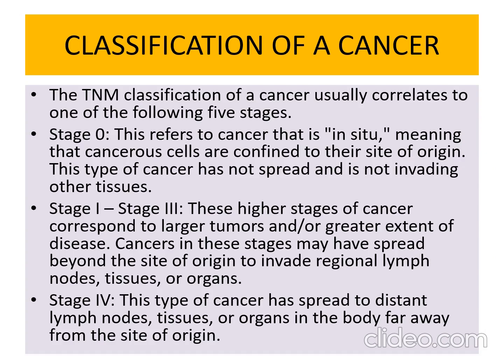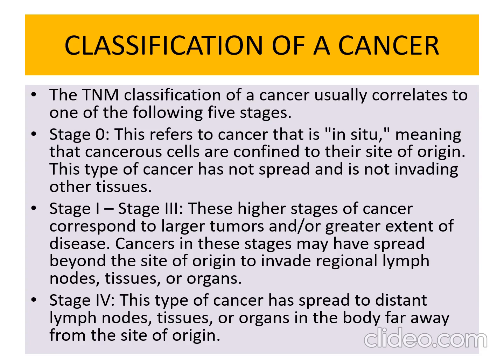So classification of cancer is either done by T and M classification or through various stages. So stage 0 refers to the cancer being in situ, meaning the cancerous cell is confined to the site of region. Right? Stage 1 to 3, these are stages of cancer corresponding to larger tumor and greater extent of disease.